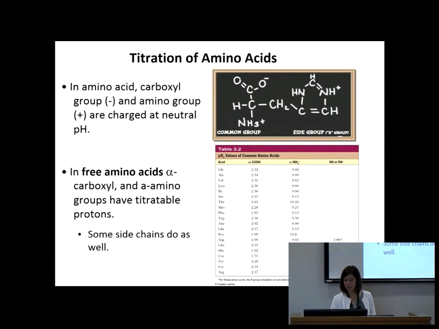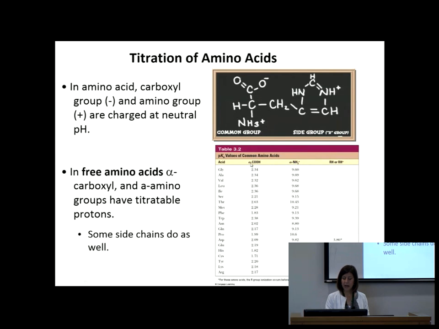But for the most part, we're going to leave it to the basic and acidic side chains, aspartic acid and glutamic acid, but histidine and cysteine can also have a proton be ionized. But we're not going to focus on those. So right now, what we're going to do is focus on our acid group and our amine group.